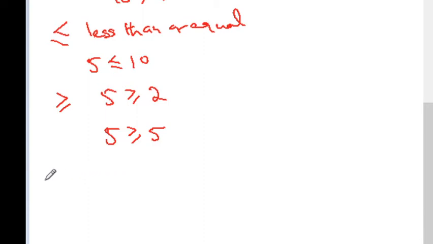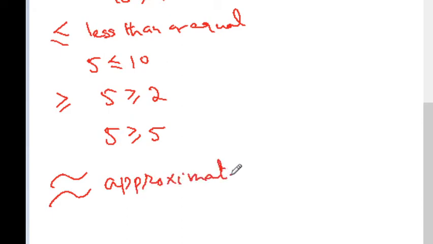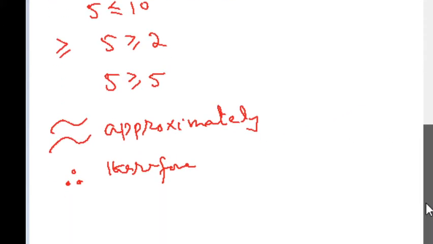One more symbol is this one, approximately. Then there's another symbol, this one, therefore. This was not in the extended book written by David Rayner. In this new book, this symbol is there.